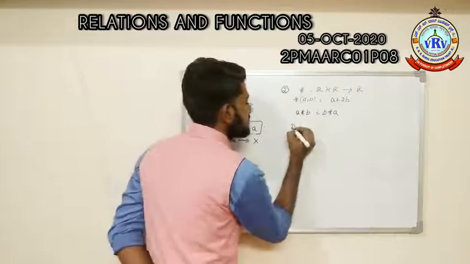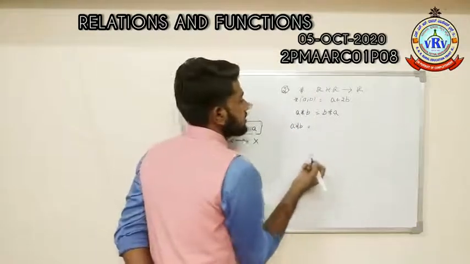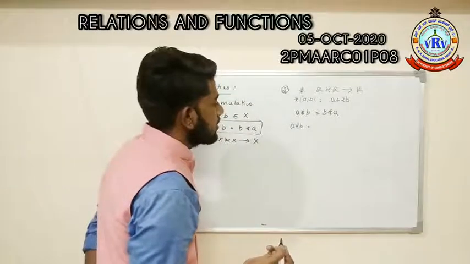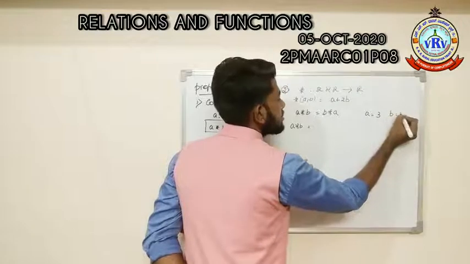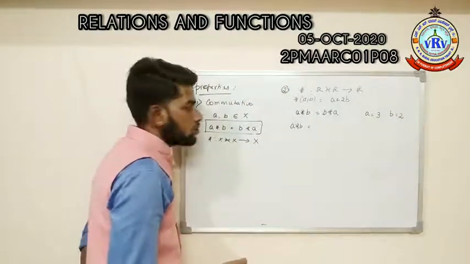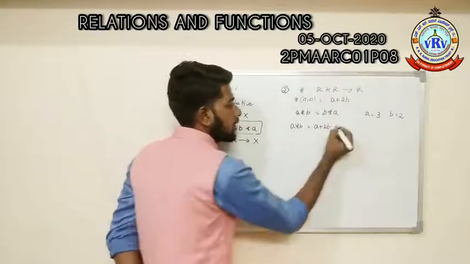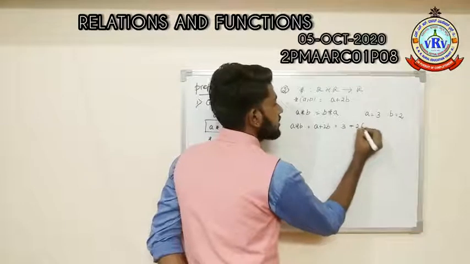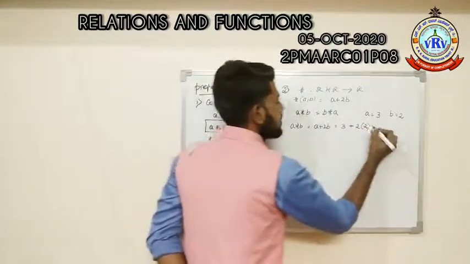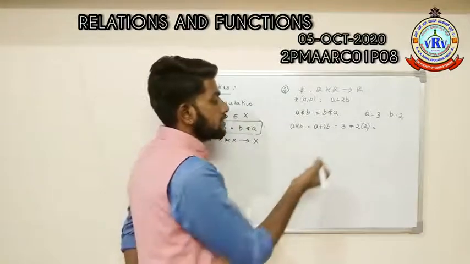So first I will consider A star B separately. Here I am taking A as 3, B as 2, then A star B is A plus 2B by the definition, and I will replace the value of A and the value of B. This is just for getting a better idea.